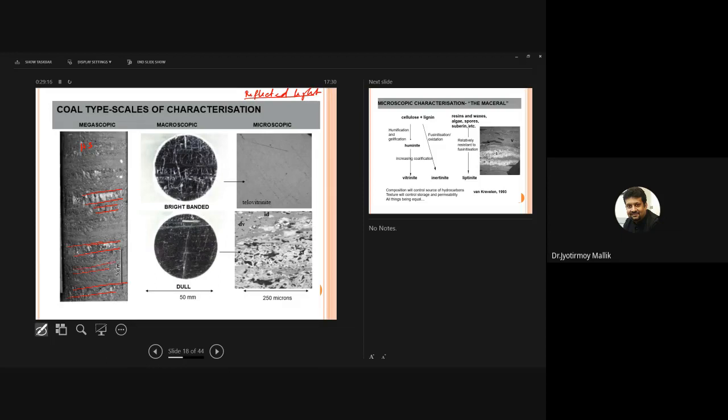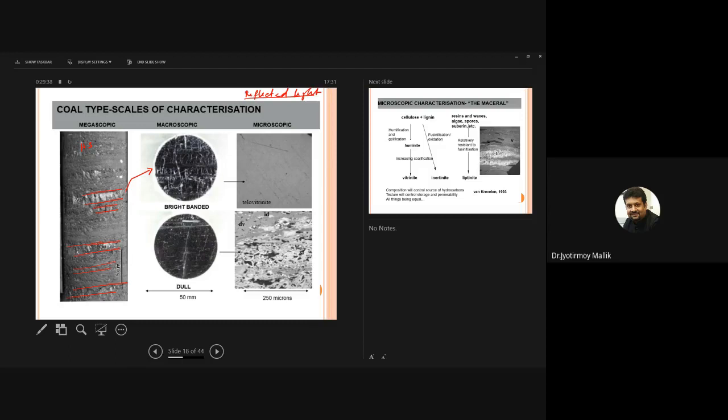And this particular section that you are looking at here is a section which is cut perpendicular to the cylindrical axis. So that's the cross section of the cylinder. And the cross section is taken at a bright band, just by the look of it, I can tell you.